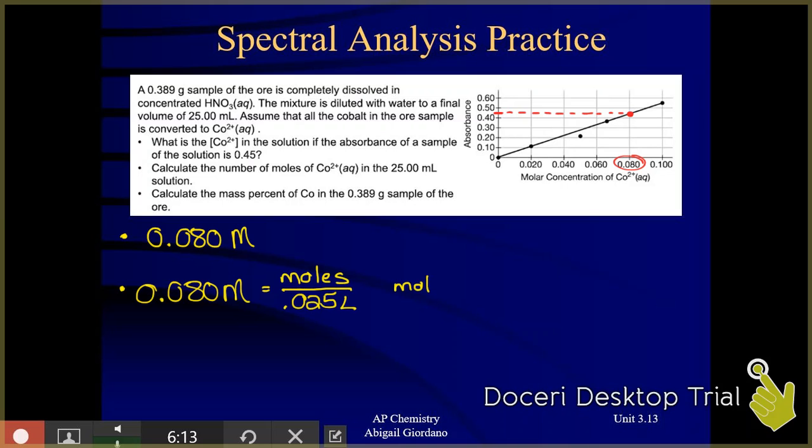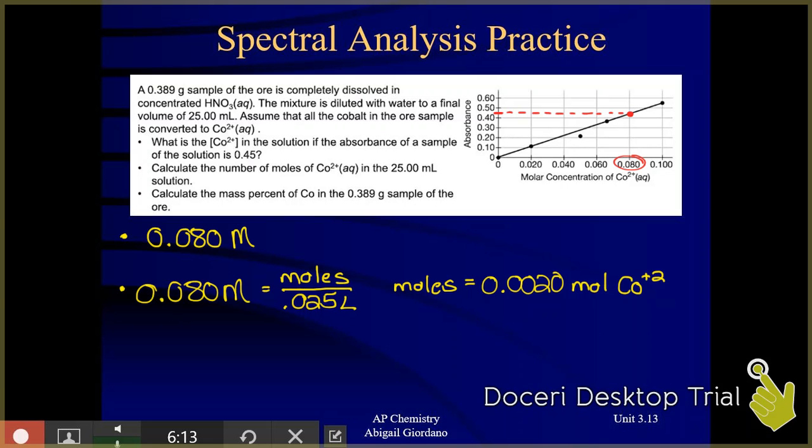If you plug in milliliters, that's not going to work. So let's type that in and let's see what we get. And that's moles of the cobalt ion. Okay, and I was able to do that because I got the molarity off of the graph.